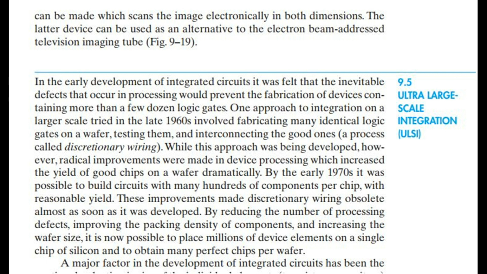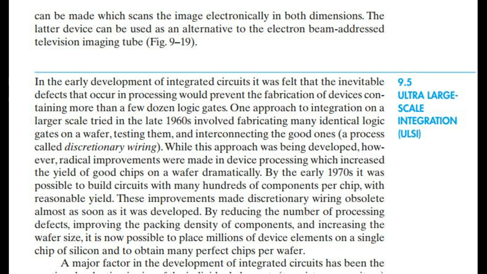In the early development of integrated circuits, it was felt that the inevitable defects that occur in processing would prevent the fabrication of devices containing more than a few dozen logic gates. One approach to integration on a larger scale tried in the late 1960s involved fabricating many identical logic gates on a wafer, testing them, and interconnecting the good ones, a process called discretionary wiring.